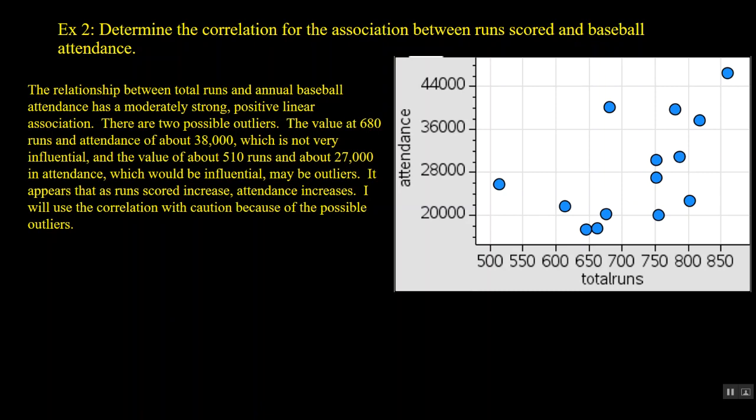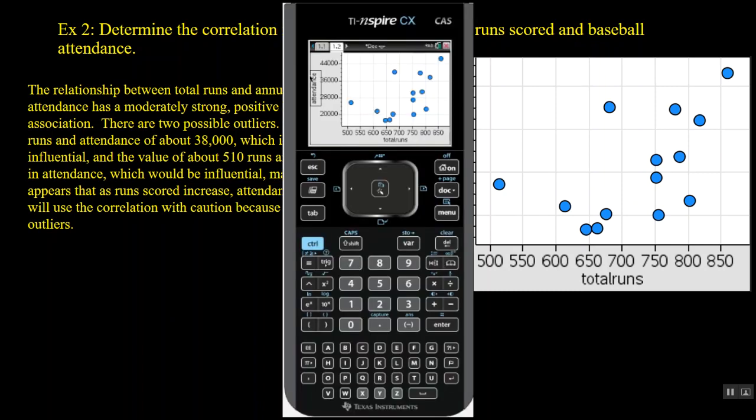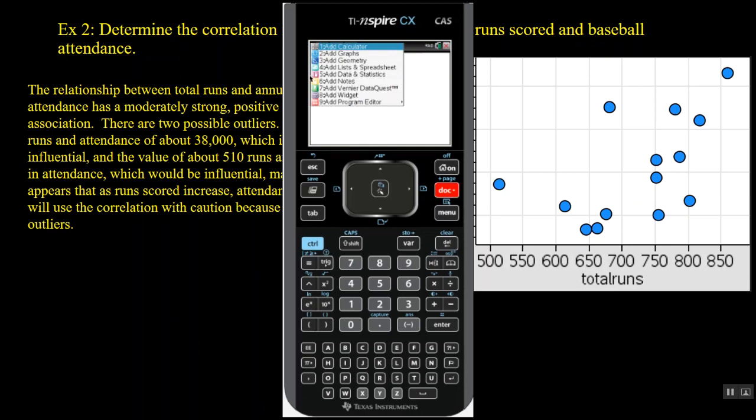Now that we have done that and we said we're going to go ahead and proceed, but with caution because the outliers could be a problem, I'm going to use the calculator to find that correlation. So we're going to insert a new page, Control, Document, and we're going to do a calculator page.